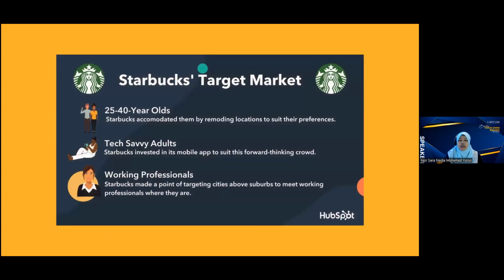All right. So here I'm sharing one example from Starbucks. Ini Starbucks punya target market. As you can see, Starbucks outlines a specific group of people that they intend to serve with their product. We have a group of people of age between 25 to 40 years old.